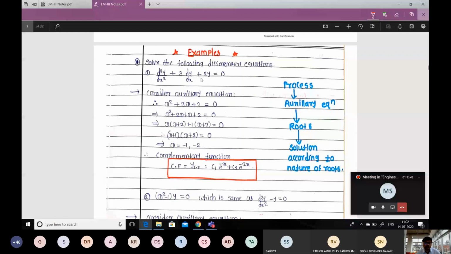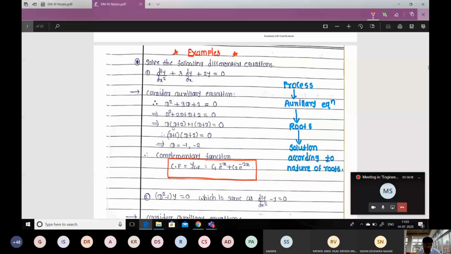So consider the auxiliary equation. I'm just replacing dy by dx by capital D. So we obtain D square plus 3D plus 2, and y we are not considering, because we are just considering the auxiliary equation, equal to 0. Now let us factorize it. D square plus 3D plus 2 can be written as D square plus D plus 2D plus 2 equal to 0.